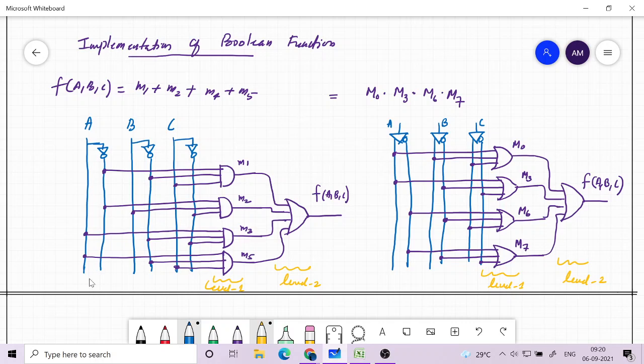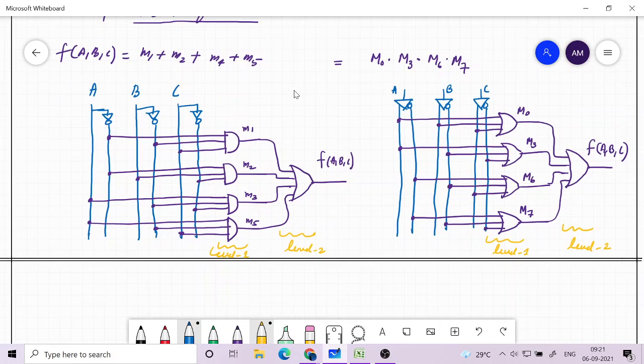Excuse me, sir. Yes. In the first circuit, sir, here shouldn't it be M4, sir? You have written M3 there. Oh, acha. Yeah. I think I made a mistake. Yeah, you're right. So this is M4. I think I have written M3.